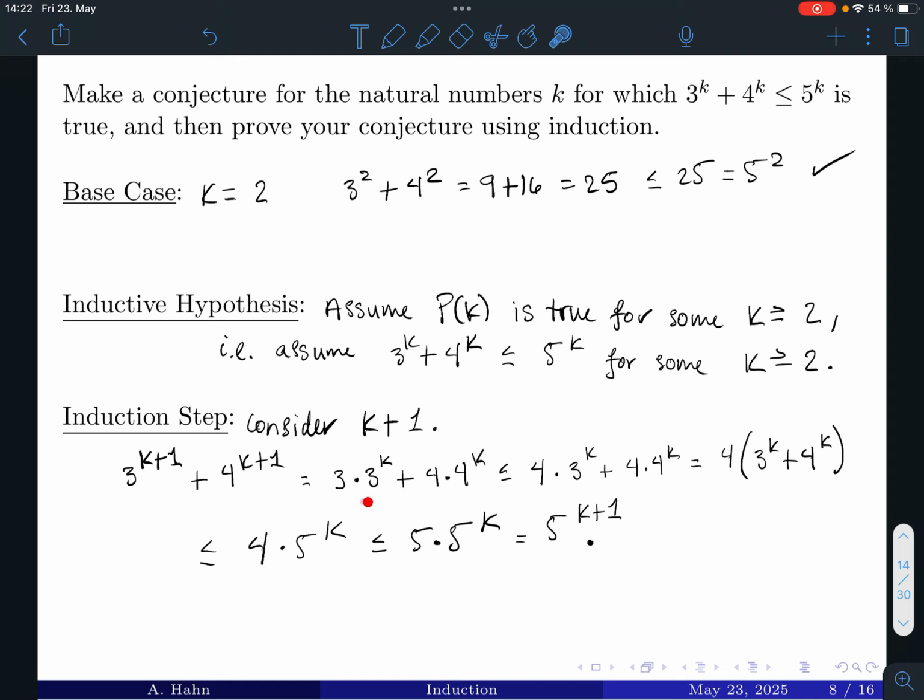You did not have to do it in this specific way, where you pull out a 3 and then change it to a 4 and then pull out the 4. There are other steps to go from 3 to the k plus 1 plus 4 to the k plus 1 is less than or equal to 5 to the k plus 1. All you need is that the steps you use are mathematically correct, so you can't write down anything wrong, and then you end up with the conclusion that you want.